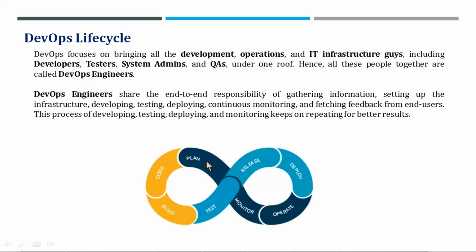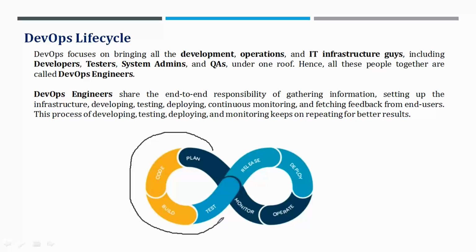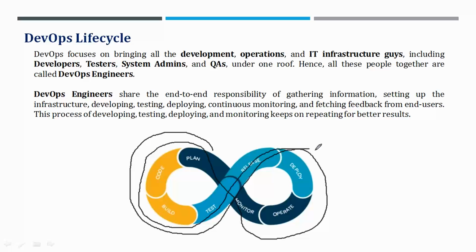So plan, right? Starting at the plan. Then comes code, build, test. Then comes release, deployment, operations, and monitoring activities. Again, it may involve additional planning activities as well. The cycle may continue until the product is completely in customer hands.